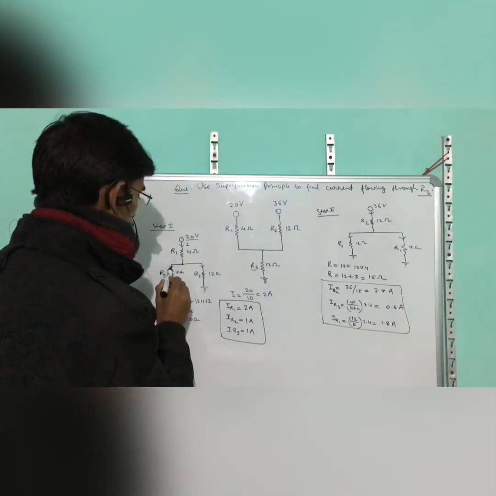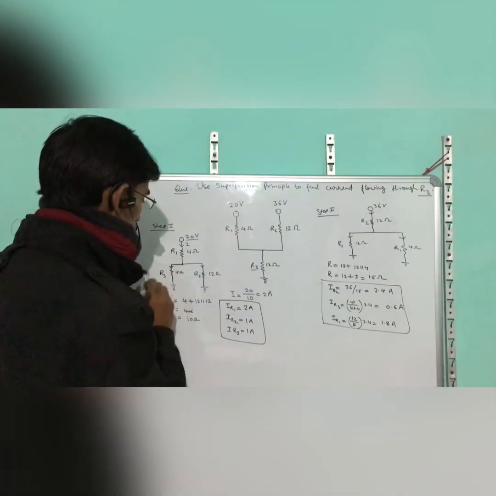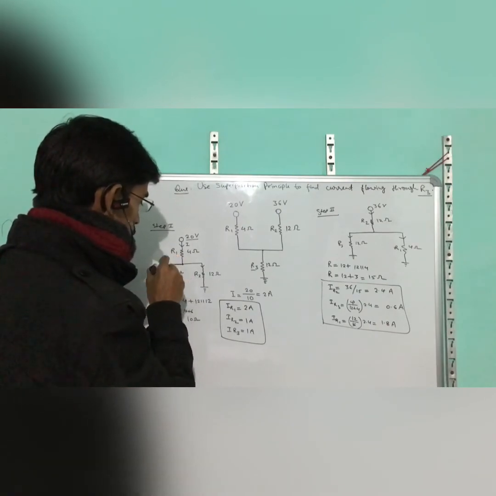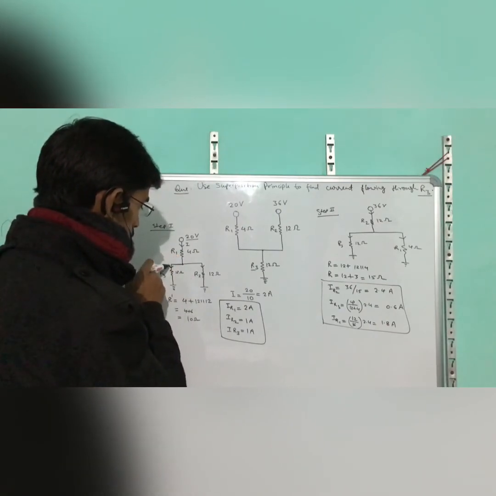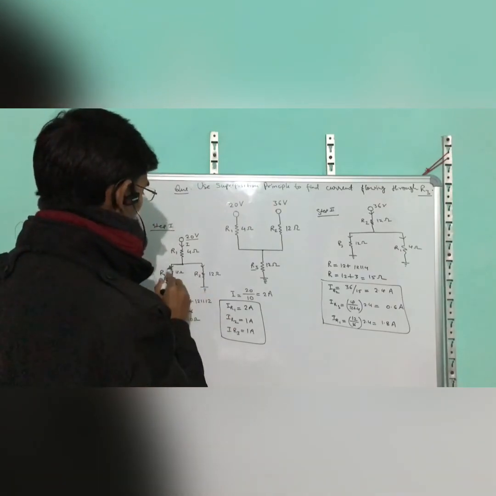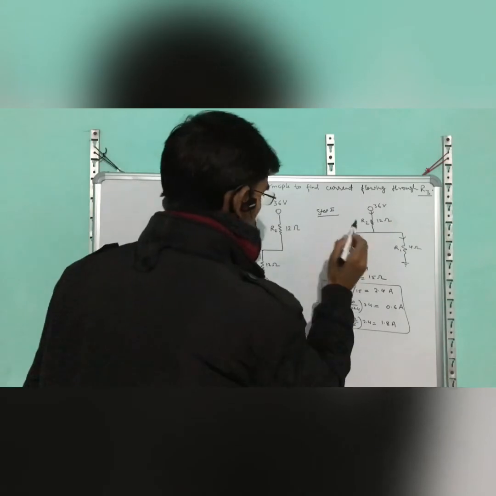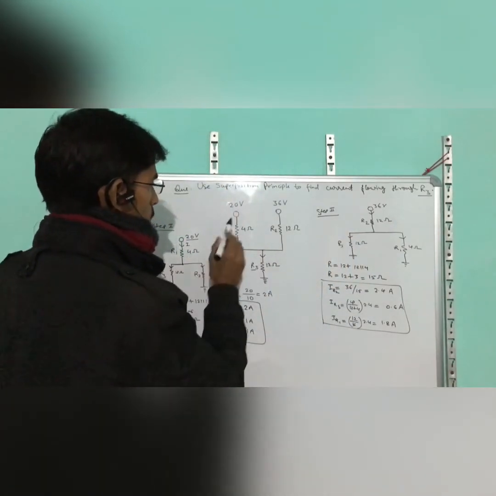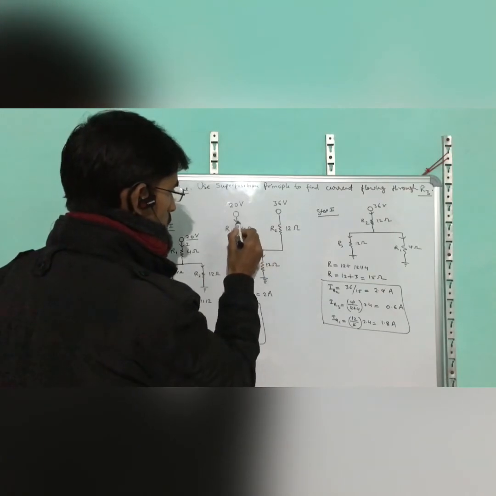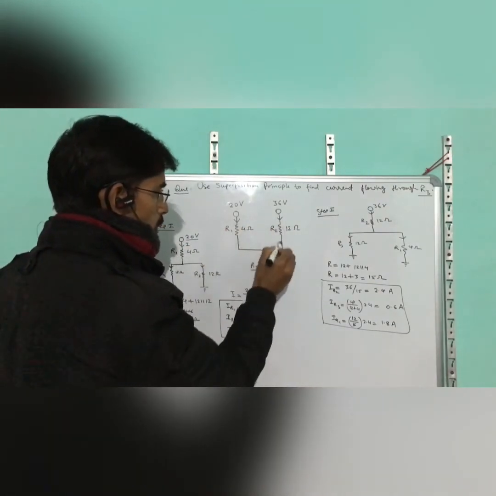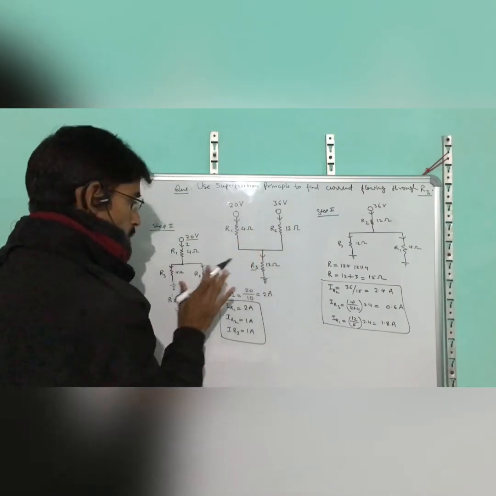So you can see through R3 current is flowing both times in the same direction, in the downward direction.